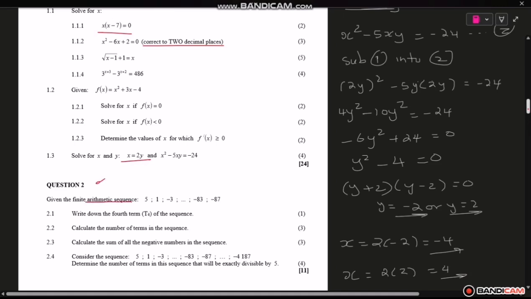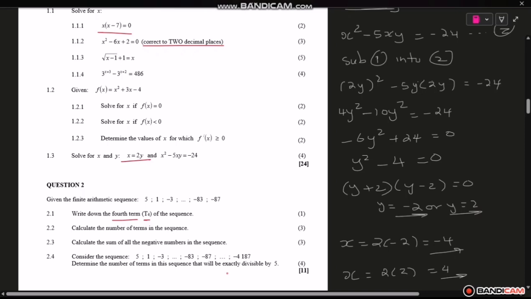So arithmetic sequence, what we know about an arithmetic sequence is that it has a common difference. That's very, very important. I hope you understand that. You must not confuse the sequences or the patterns. They want us to determine the fourth term of the sequence, term number 4.